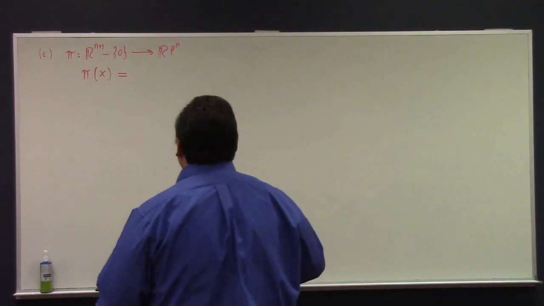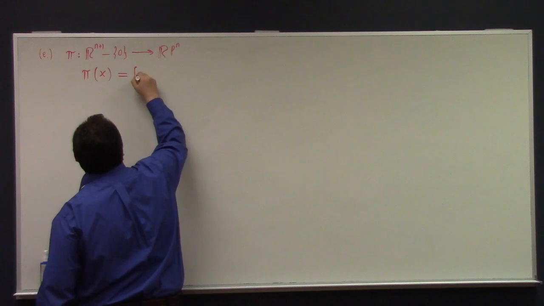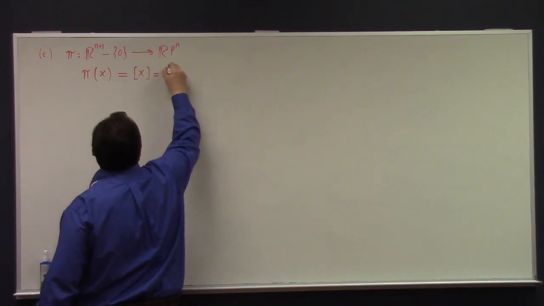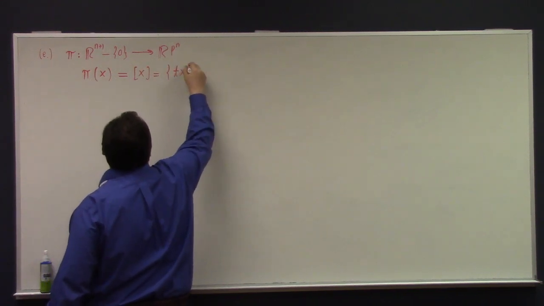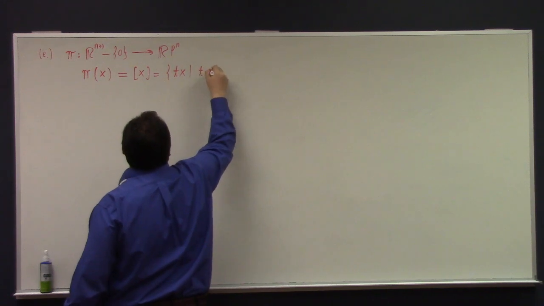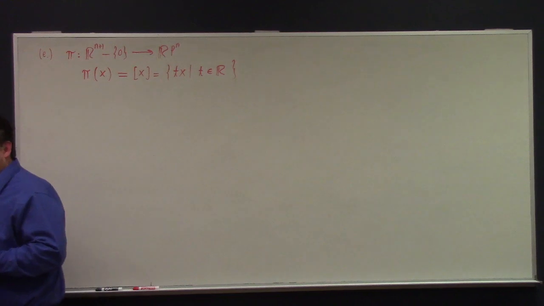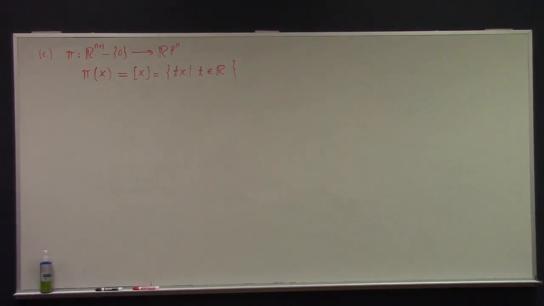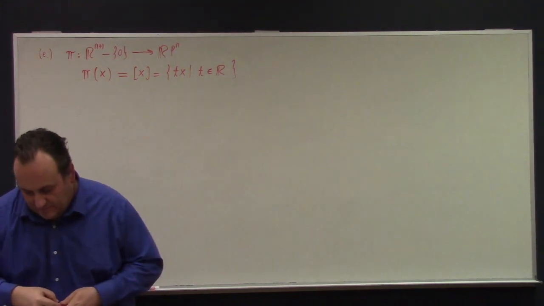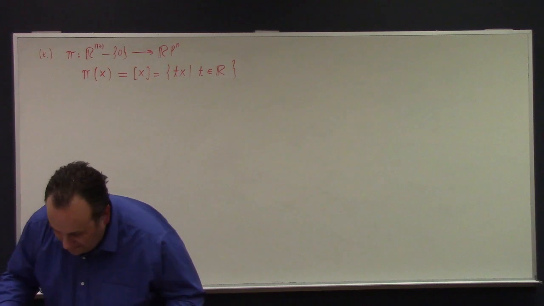Well, yeah, you can look. It's fine. It's just bracket of x, right? So this is equal to {tx such that t is in the reals}. It is the line through the origin in the direction vector x. That's a typical element of the real projective space, which is a line through the origin.